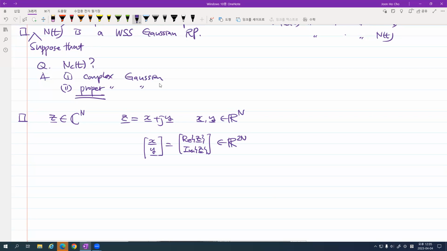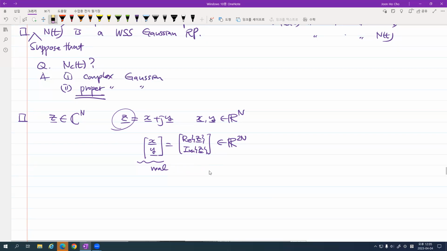Actually, that's logically true, okay? And this is one way. By the way, given a complex vector z, putting the real part and imaginary part together to form a vector of twice the length is called, just a second, a real composite vector.